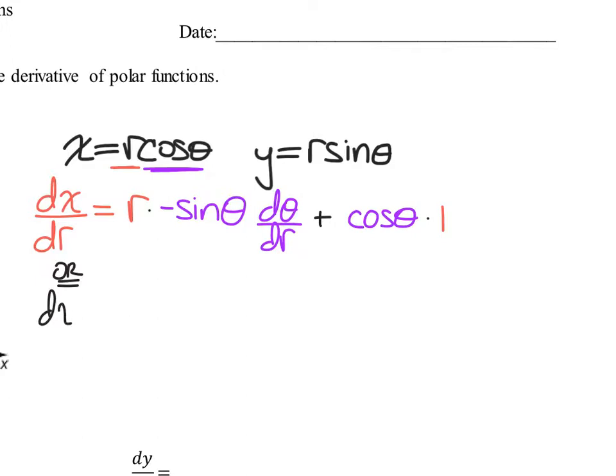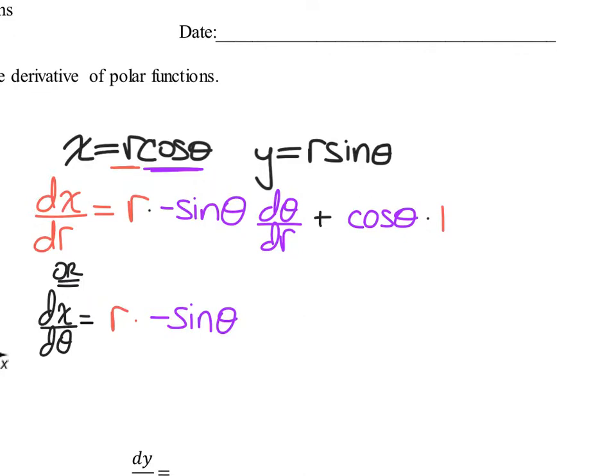Or I could say dx d theta. So I'll do the same process again, just this time with the d theta as my independent variable. So first times the derivative of the second, still the same idea. So r times the derivative of cosine is still negative sine.